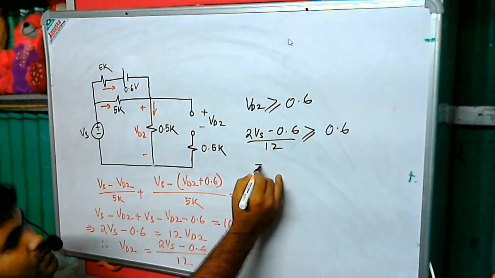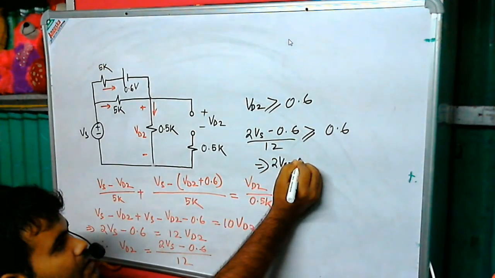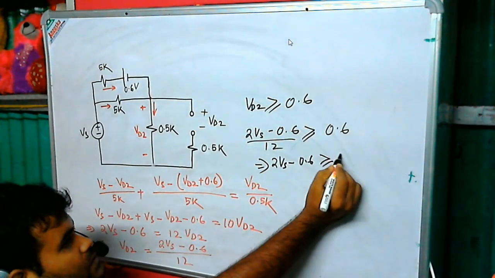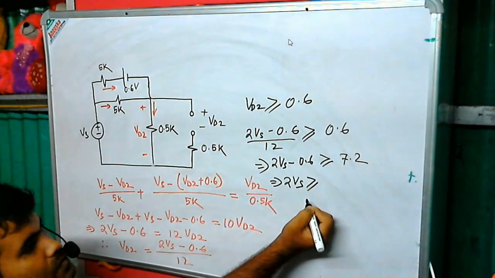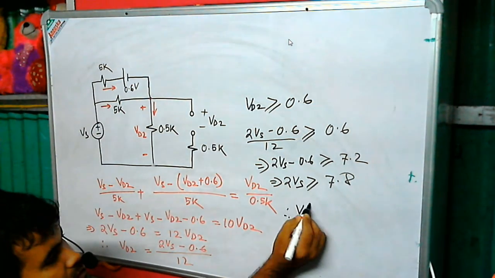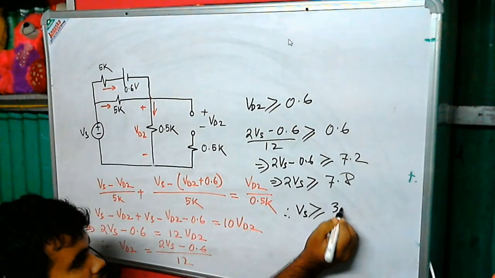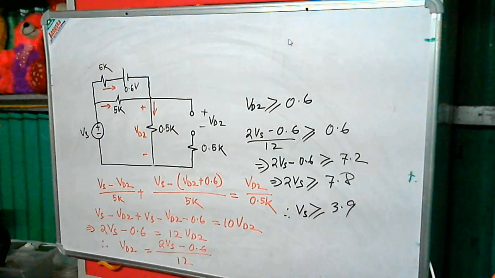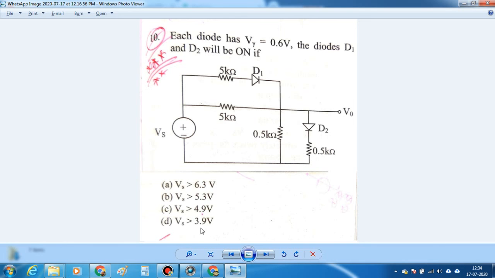So you will get 2Vs minus 0.6 is greater than or equal to 7.2, or 2Vs is greater than or equal to 7.8, then Vs is greater than or equal to 3.9. So Vs must be greater than 3.9 in order to turn on both diodes D1 and D2. Let's see the options. So yes, Vs is greater than 3.9, option D is correct.